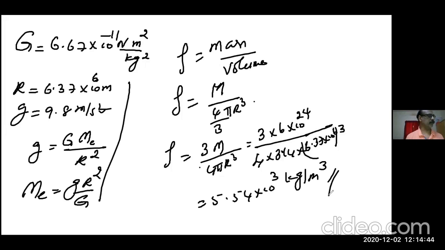Next question. See this formula, g is equal to GM_E by R squared. We have derived it for Earth surface.